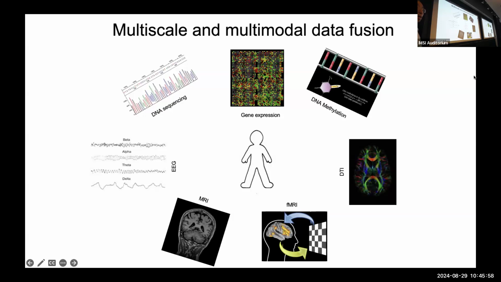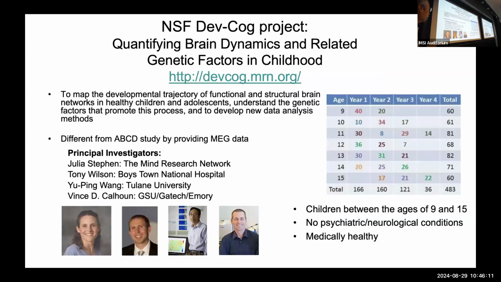As you know, the use of multi-scale and multi-modal brain imaging and also multi-omics has become almost everywhere in neuroscience research. One of our projects, funded by NSF and now by NIH, is to study brain development in adolescents. We propose to collect adolescents from age 9 to 15.